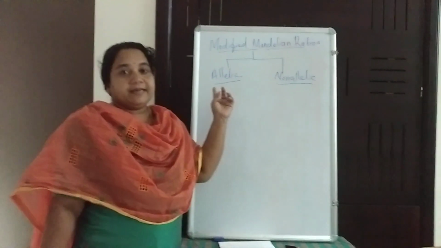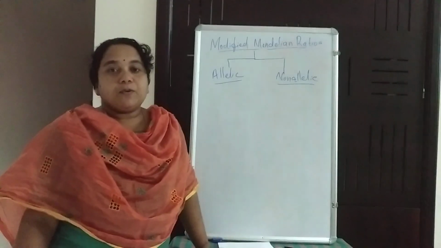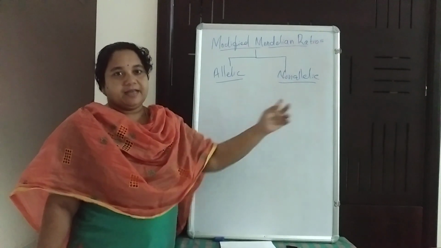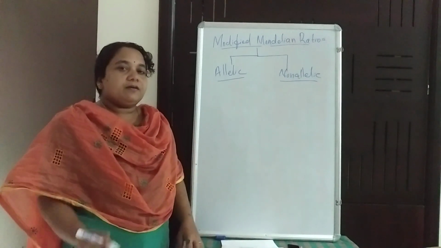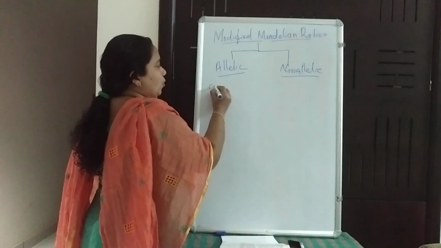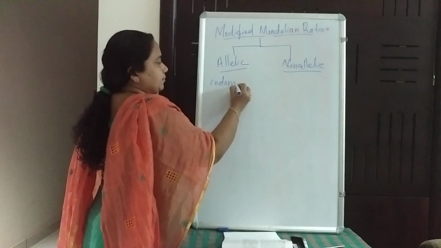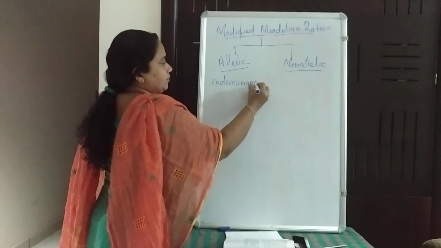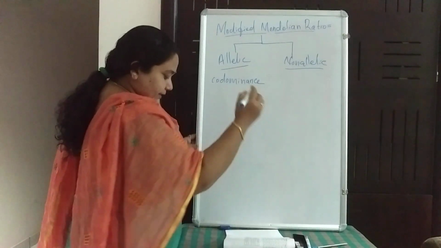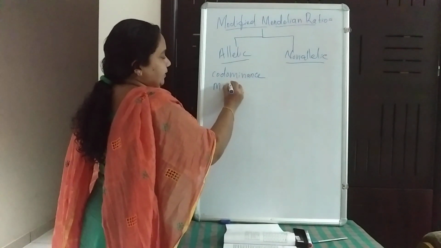Okay. Let us go through some of the types of allelic and non-allelic interaction. For allelic interactions, 2 or 3 types we can go through. One is codominance. Then another one is multiple allelism.